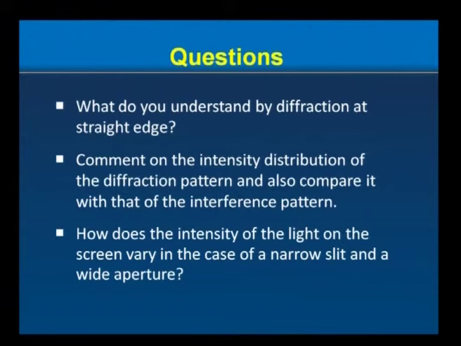How does the intensity of light on the screen vary in the case of a narrow slit and a wide aperture? With this we come to the end of this lecture, and we will discuss the problem of diffraction at a narrow wire, corner spiral and so on in the lectures to come.